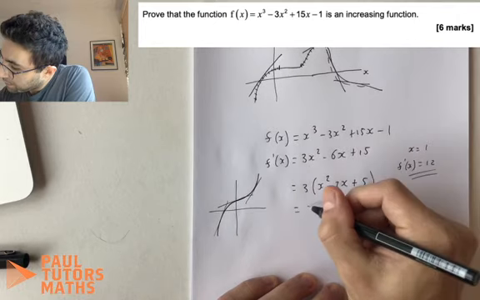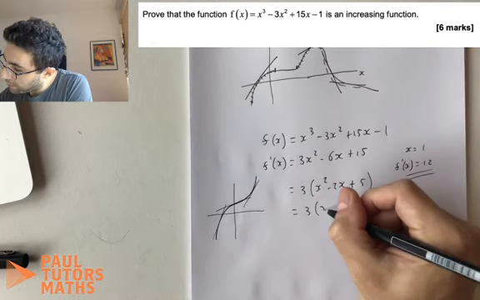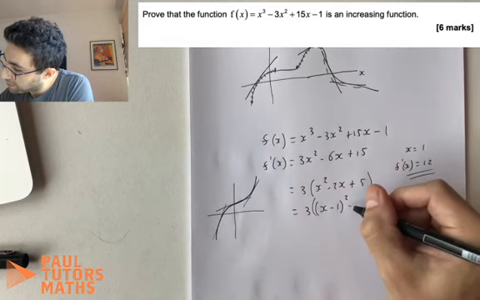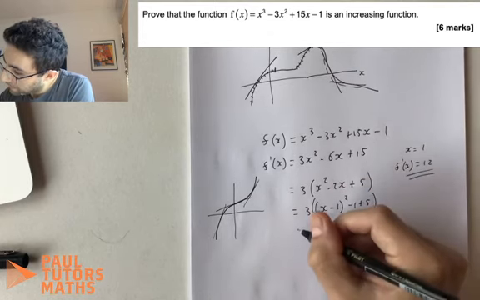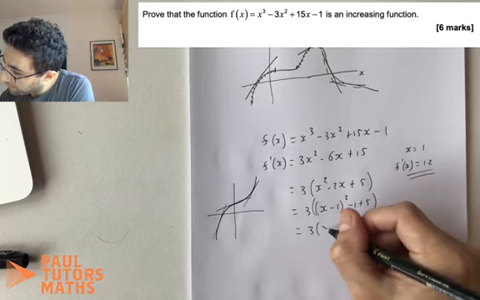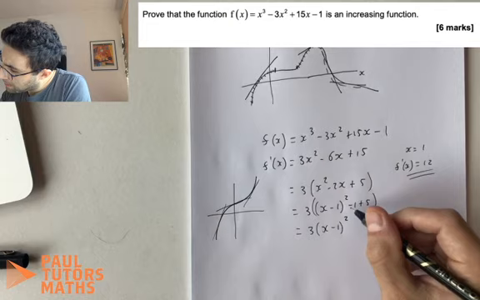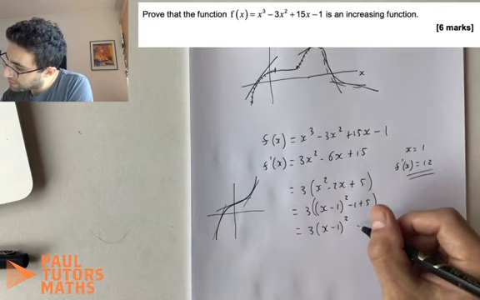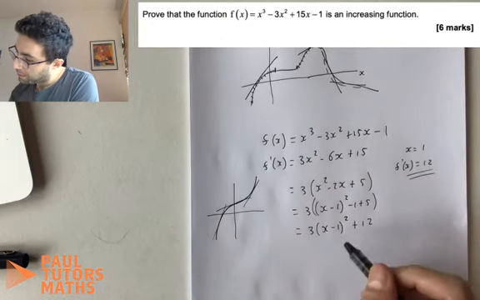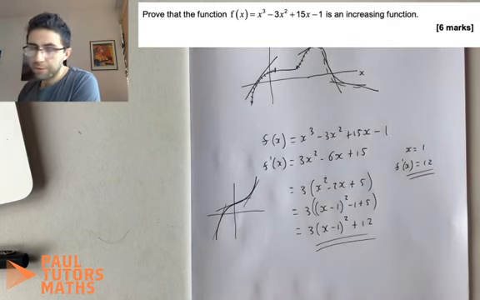Then you could complete the square on that. Have you done that recently? So then you'd have 3 times (x minus 1) squared, plus 4 times that, which is plus 12, I think. So that was just doing it turbo.